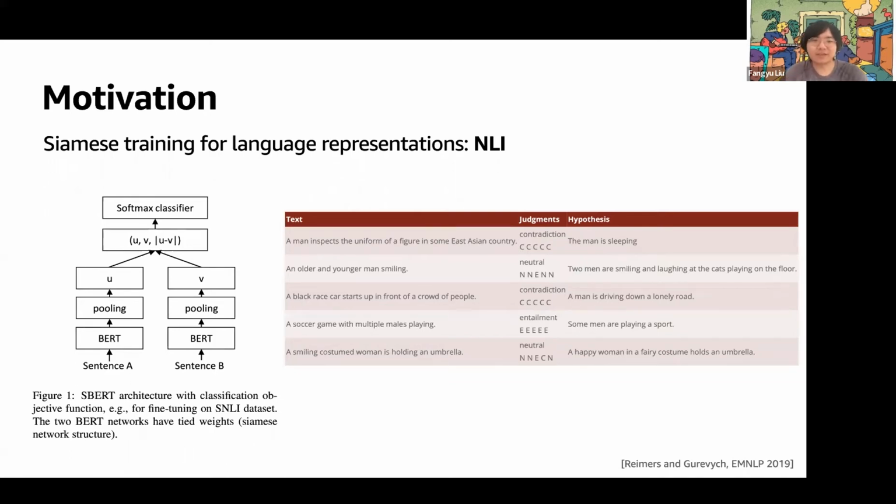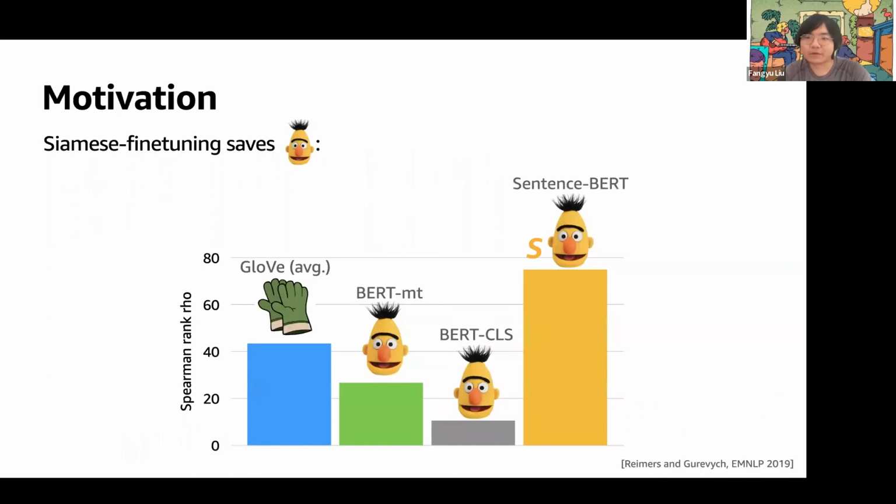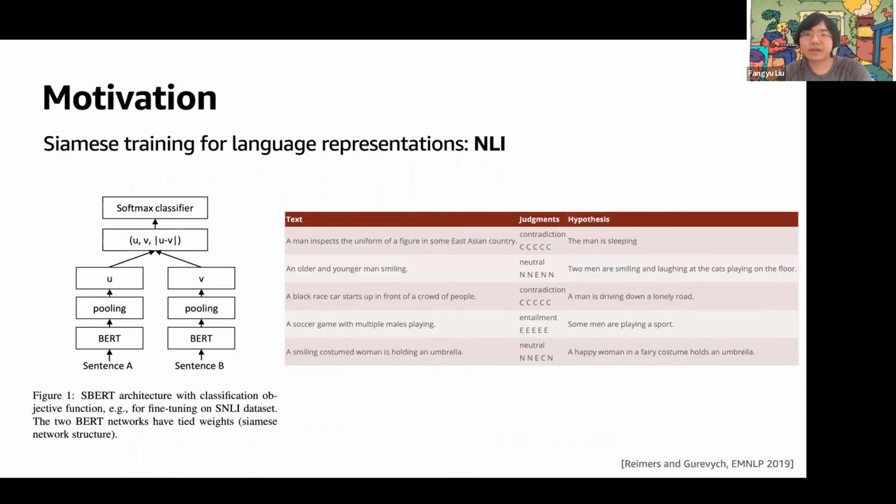The task they chose mainly is NLI, which is natural language inference. The construction of the dataset is like what you have on the right-hand side, where given two sentences, the model needs to judge whether they are contradictory to each other, whether they are neutral to each other, or one entails the other. So it's a three-way classification problem.